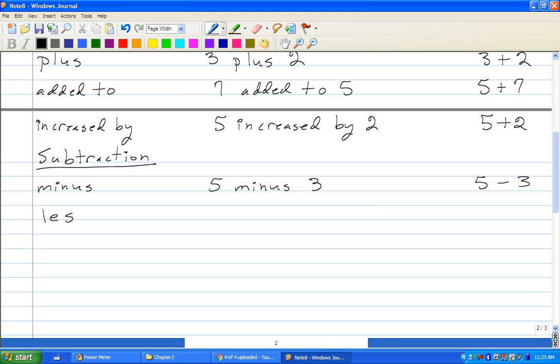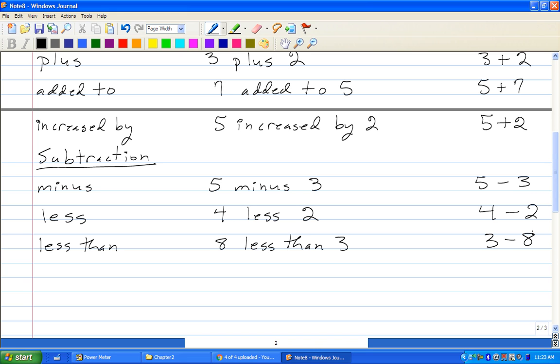Less: 4 less 2. Less than: 8 less than 3. Well, the than will switch the order, so it will be 3 minus 8.